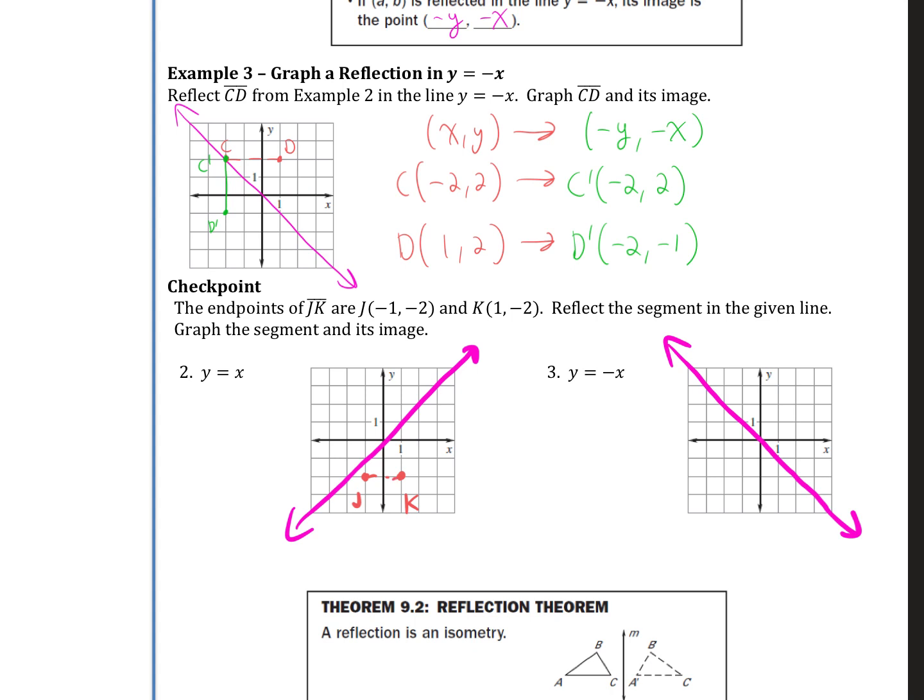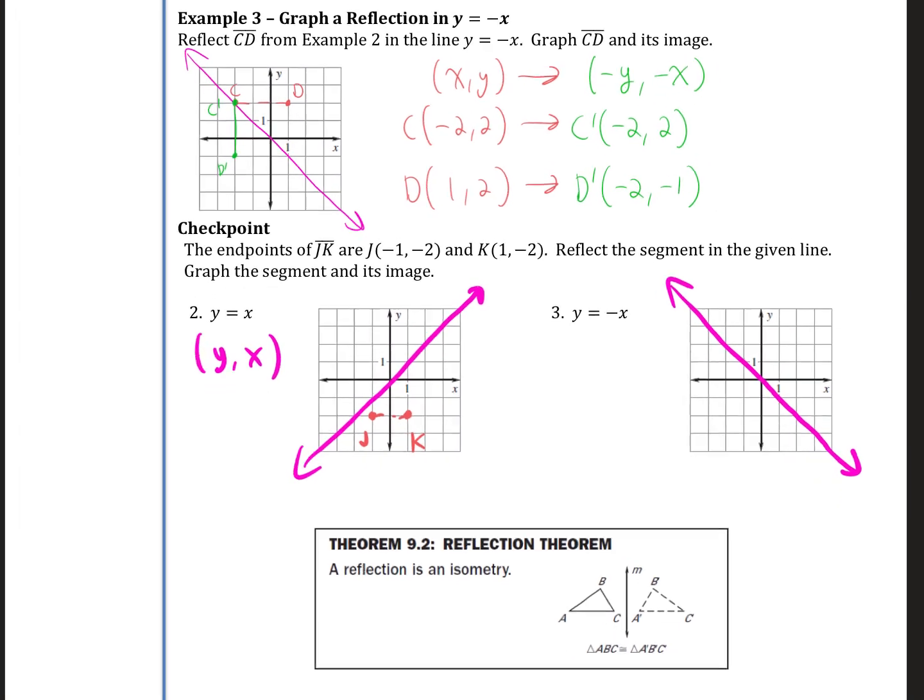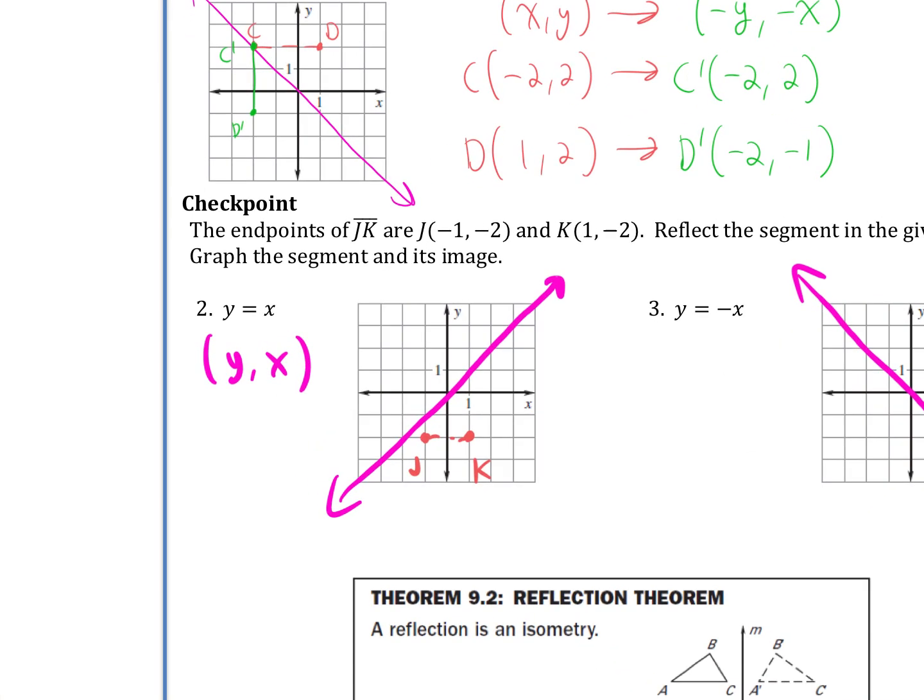All right, and if we were to graph this, just so you guys know, the rule would be swapping Y and X. So J prime is going to be, the opposite of Y and X would be negative 2, negative 1.